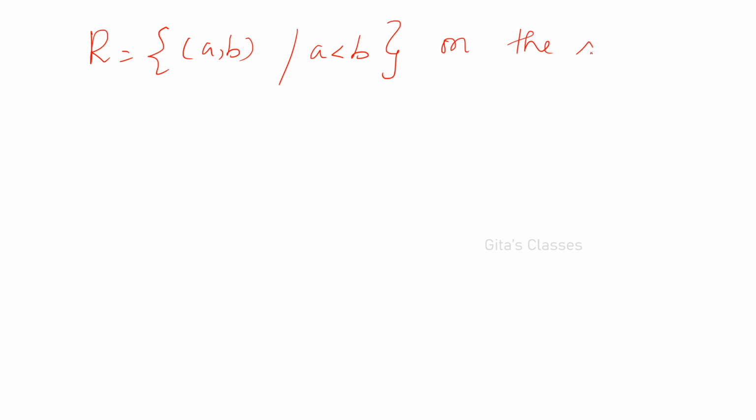What is the reflexive closure of the relation R = {(a,b) such that a < b} on the set of integers? Find the reflexive closure of the relation R, where a is strictly less than b.